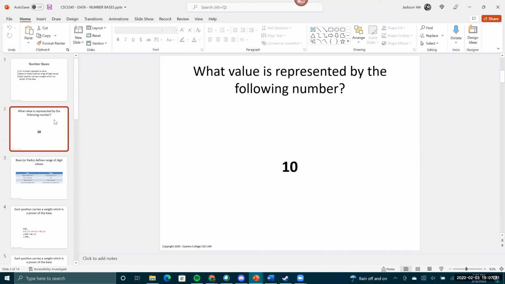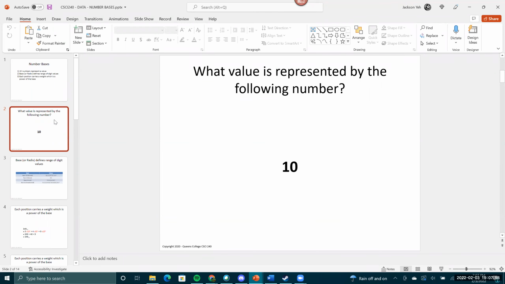So now, just by saying 2, you start to see the distinction that even though the number there is 10, it could be a different value, depending on the context. So that's the difference between a value and a number: a number 10 written there can mean any type of value depending on what the number base is.